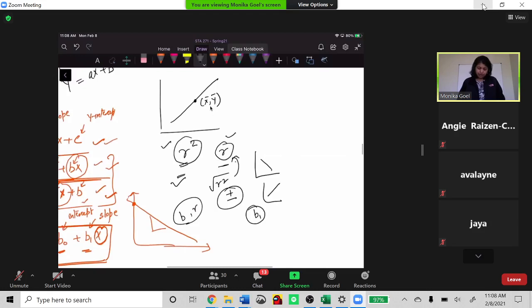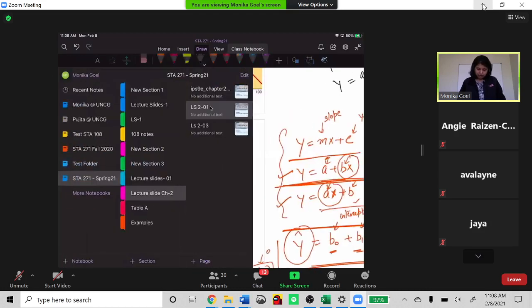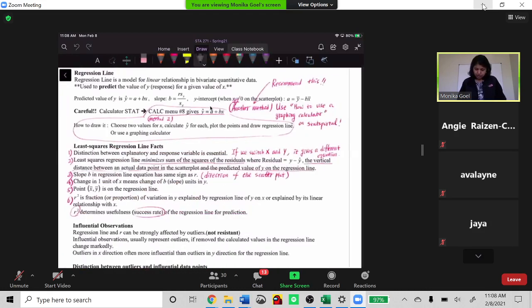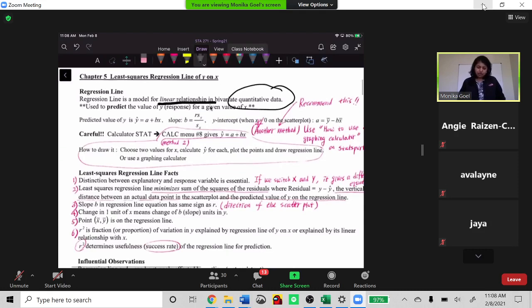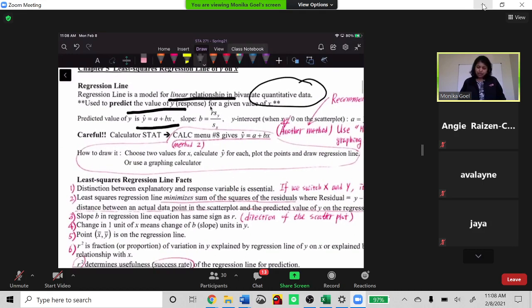And again, let me quickly go over this part. This is what we just talked about: the regression line is a model for a linear relationship in bivariate quantitative data. Again, you use it to predict the value of y for a given value of x. The predicted value of y has this symbol, and that's how we calculate our slope and y-intercept.